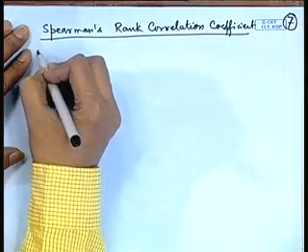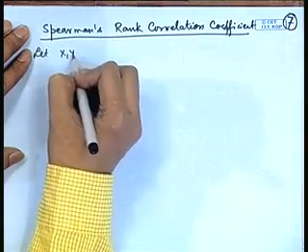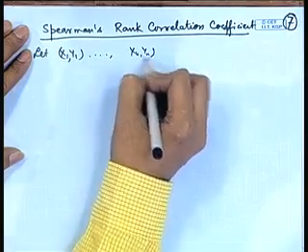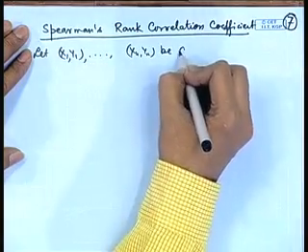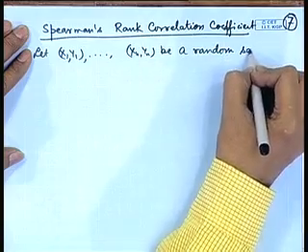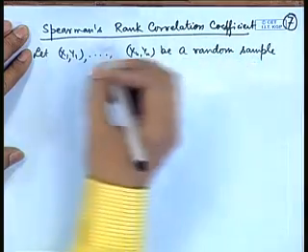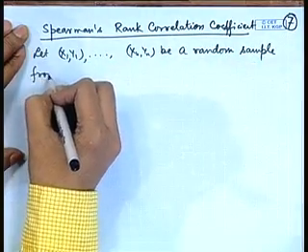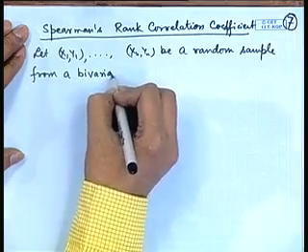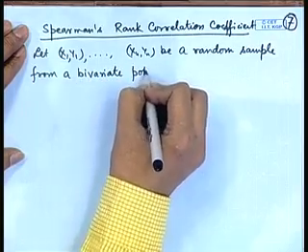Let x1 y1, x2 y2, ..., xn yn be a random sample from a bivariate population.